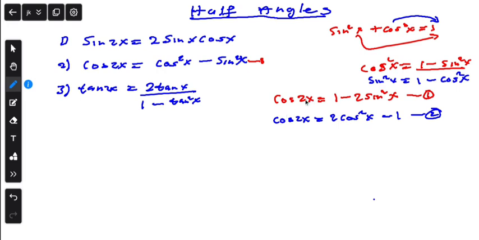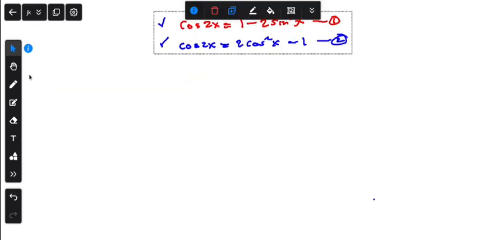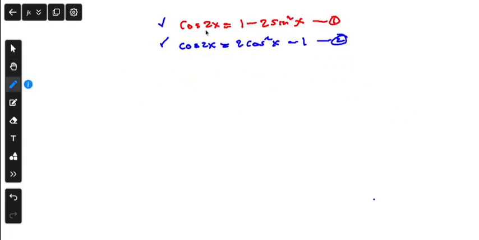Now, let's talk about the half angles. So usually for half angles, we focus much on these two. So let me just click this one here and take this one up. So we are focusing on this one. In talk of half angles, the letter representing the angle here is x.